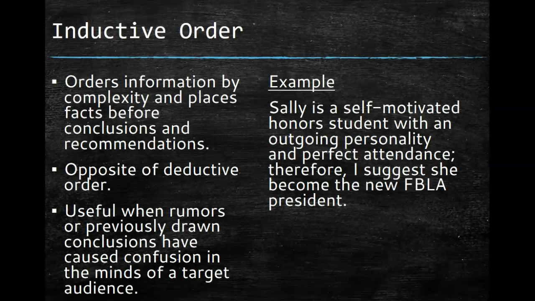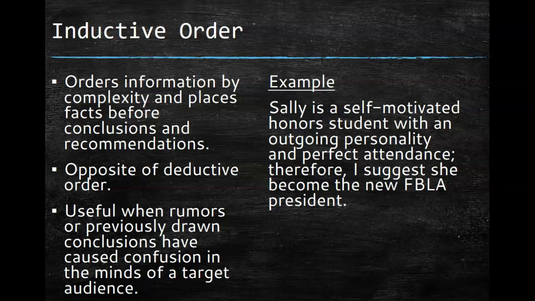Inductive order looks at how difficult things are, or places those facts before the conclusions, as it says. So you remember the example we had just a minute ago. Now it's giving you why first, and then telling what the suggestion is. So they put in there that Sally's a self-motivated honor student with an outgoing personality and perfect attendance.